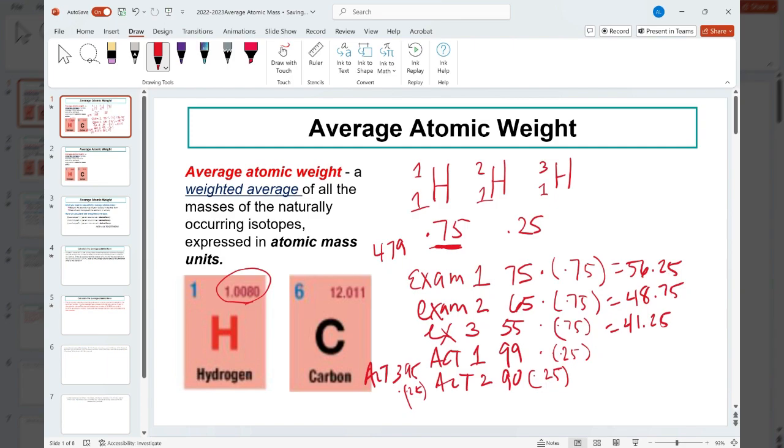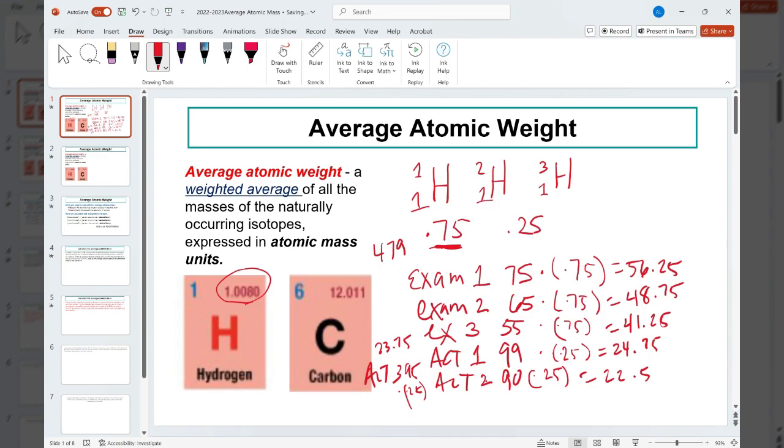Our activities, 99 times 0.25 is equal to 24.75. 90 times 0.25 is equal to 22.5. And last one over here, 95 times 0.25 is equal to 23.75.